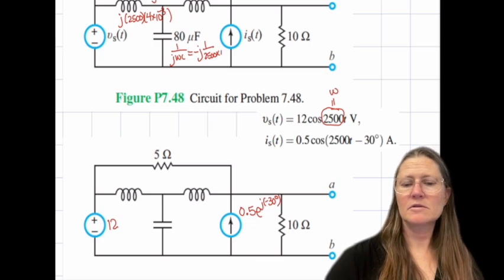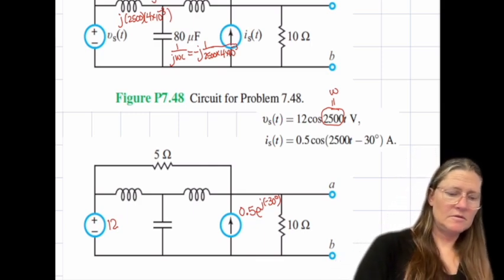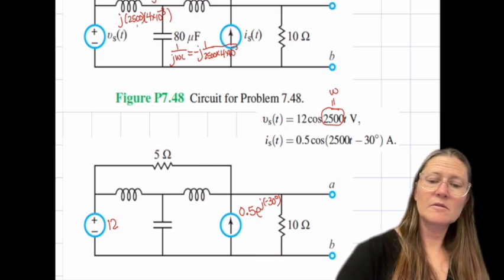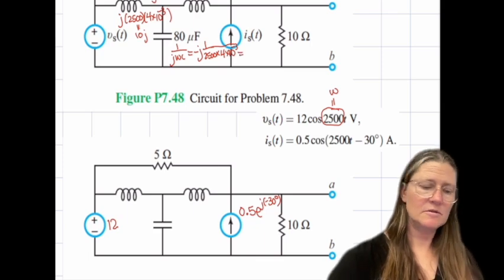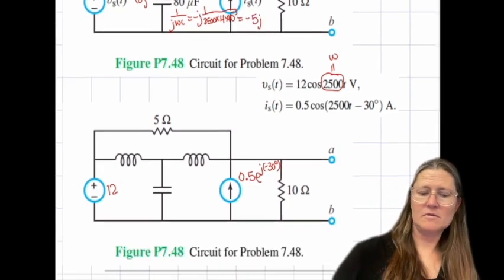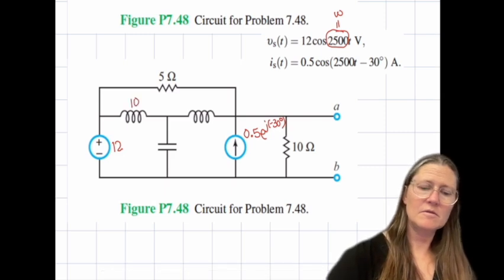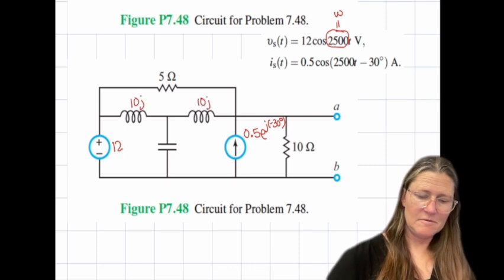Wait, capacity? I got a 100 for the Y. Oh, wait, I did not. No, you're so right. It's 100, but that's going to be for the inductor. So for the capacitor, is there a negative?